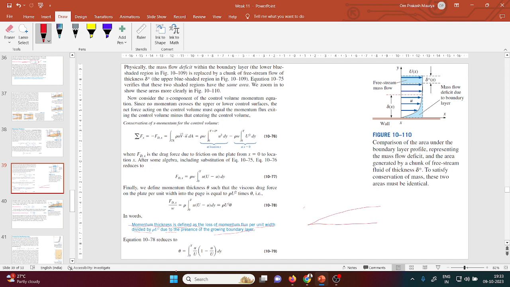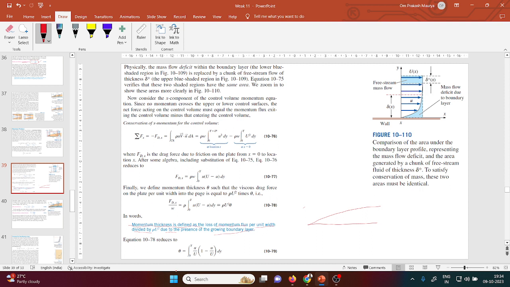Due to the growing of the boundary layer, there is a loss in the momentum transfer, and this is represented by the momentum thickness. Simply, the question is: what does the momentum thickness represent? It represents the momentum flux loss due to the growing of your boundary layer. So this is the whole concept.